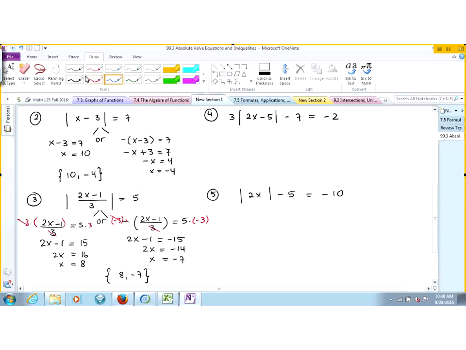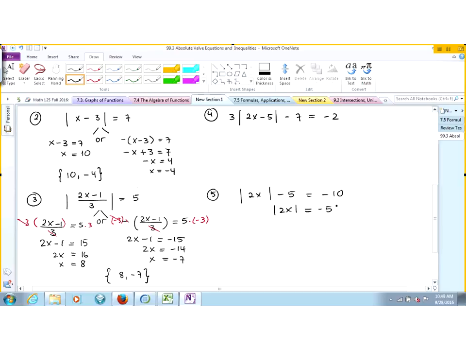So here, how do we continue? How do you prove this is no solution? Then you add 5 to both sides. What do you have? -10 plus 5 is -5. Then 2x equals... no. This one.